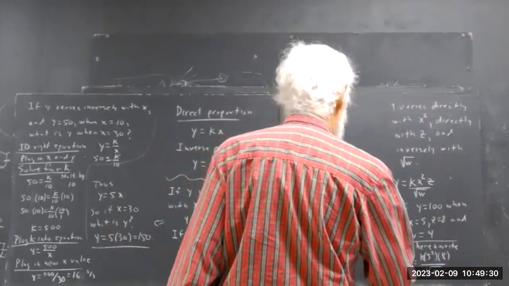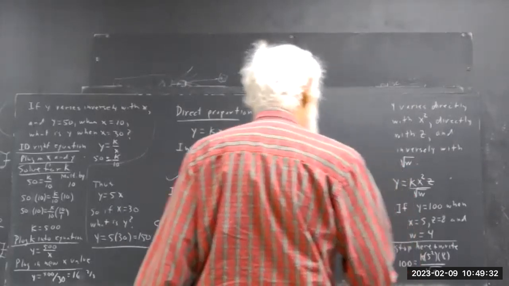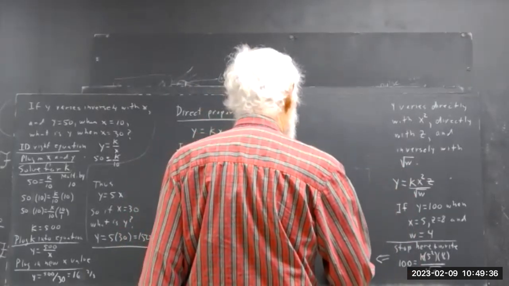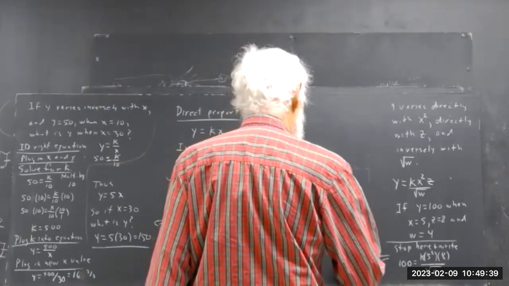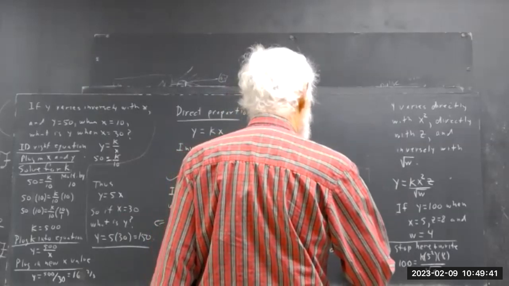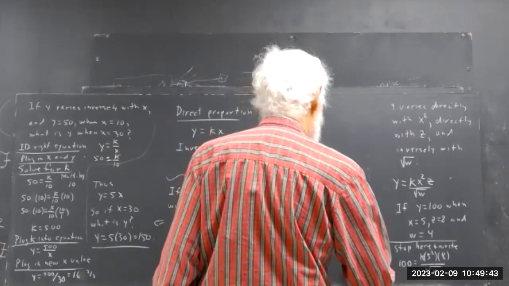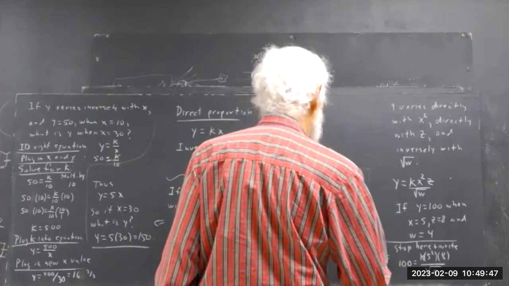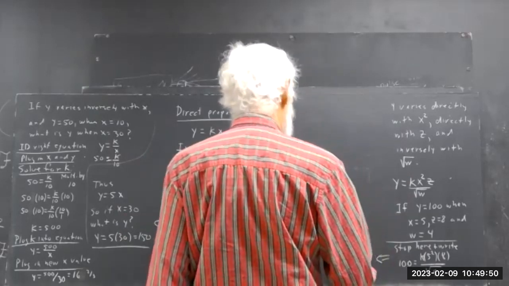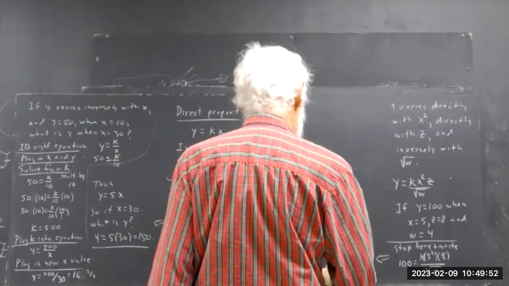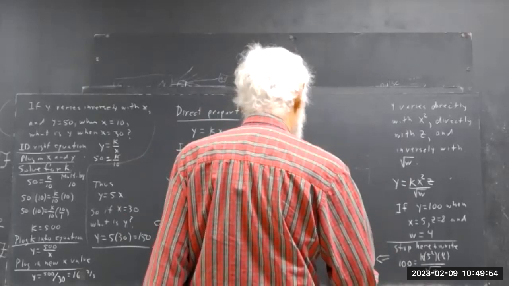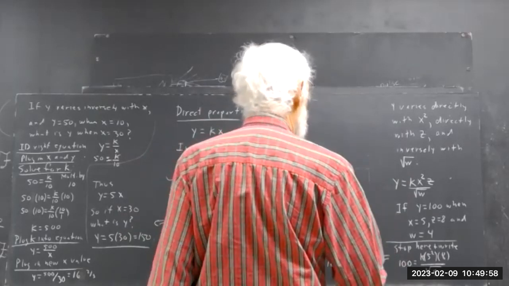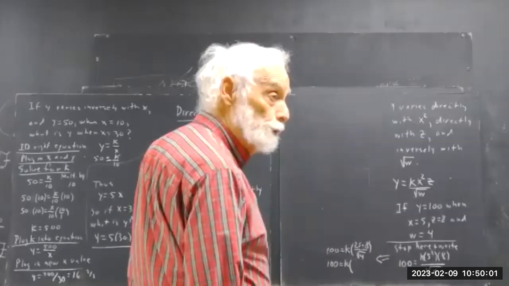And then we come over here and we see that that gives us 100 equals k times (25 times 8 over the square root of 4). 25 times 8 is 200. Square root of 4 is 2.